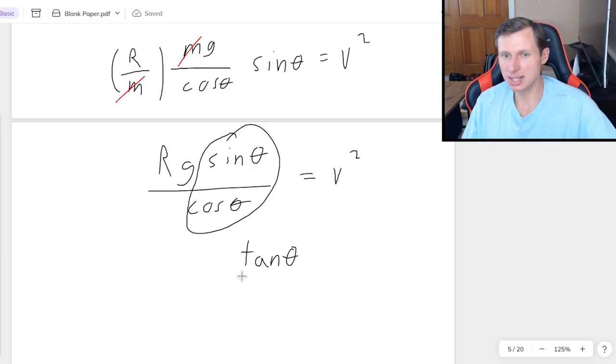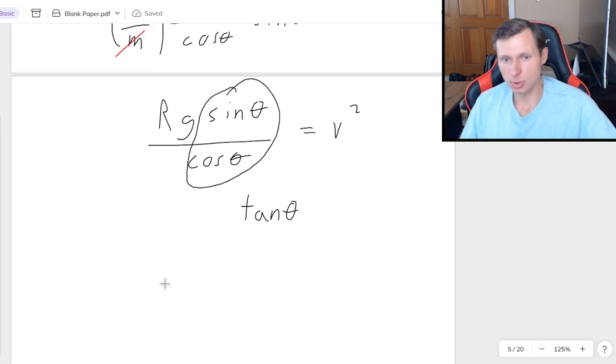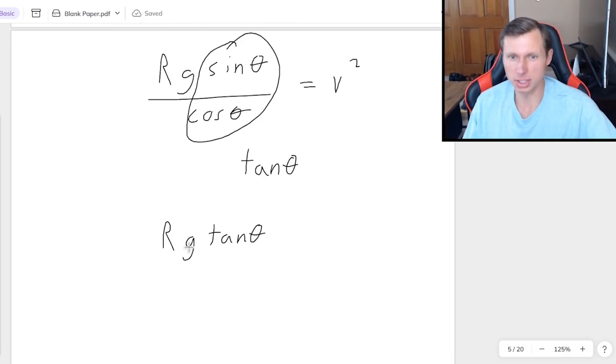I know you might not see that the first time you do this problem, but now that I told you, you're probably going to see it in the future. So in other words, this is equal to r times g tangent theta, which can be rewritten in any order you want. You can put the g first, you can put the tangent theta first, it doesn't matter. That equals v squared. And finally, we just have to take the square root.